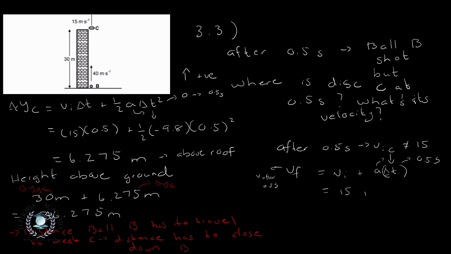So this is going to be 15 minus 9.8 multiplied by 0.5, and the velocity of our disk C after 0.5 seconds is actually going to be 10.1 meters per second.